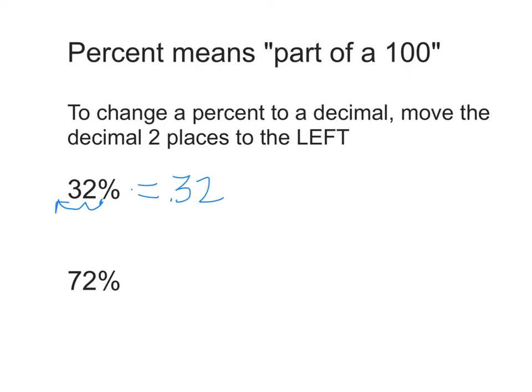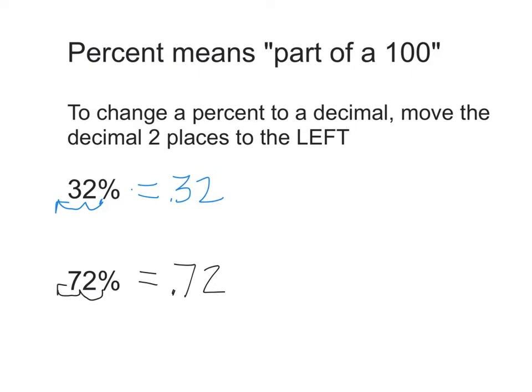Likewise, 72%: we start our decimal here, move it 2 places to the left, and we would get 0.72.